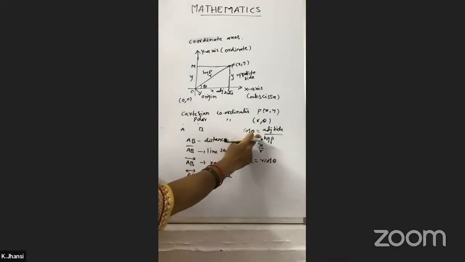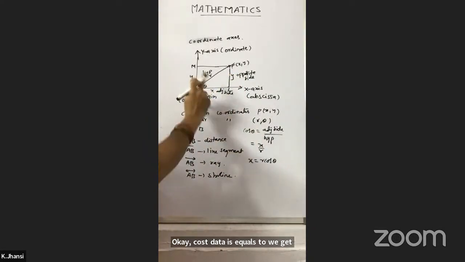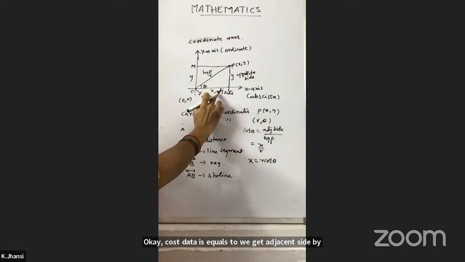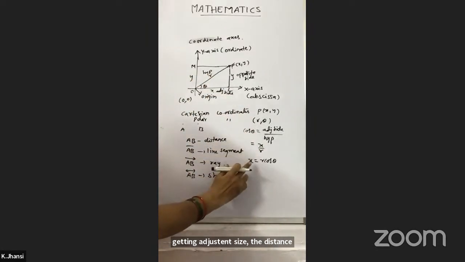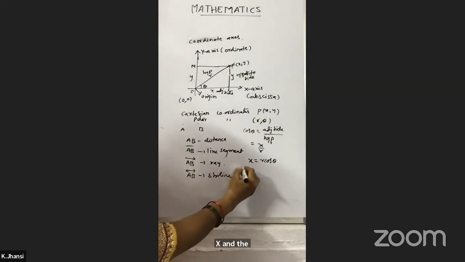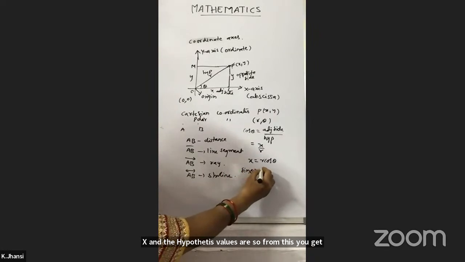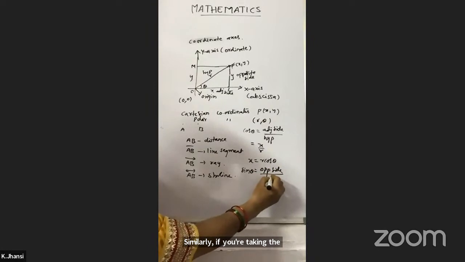Okay, cos theta is equal to adjacent side by hypotenuse. So this is the formula we have. Through that we are getting the adjacent side. The distance is x and the hypotenuse value is r. So from this you will get x equals r cos theta. Similarly, sin theta is equal to opposite side by hypotenuse.